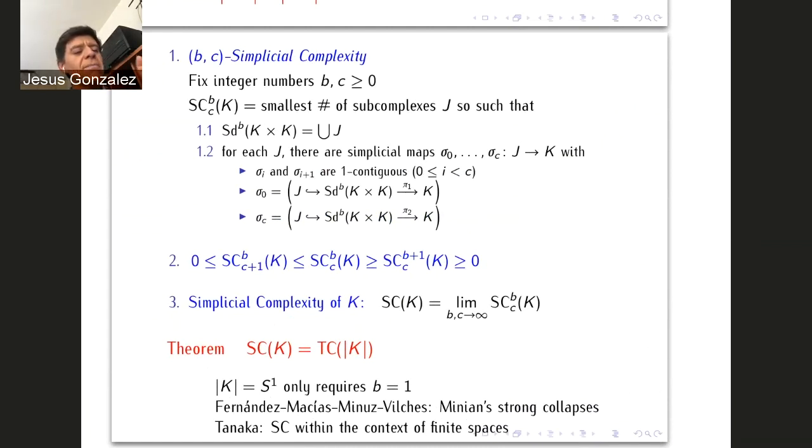Of course, each one of the maximal simplexes has to lie in one of the J's. So it's natural to think that you would be choosing your J's in terms of how to partition the maximal faces of K times K. But there is no explicit pseudo code yet programmed for this kind of problem.